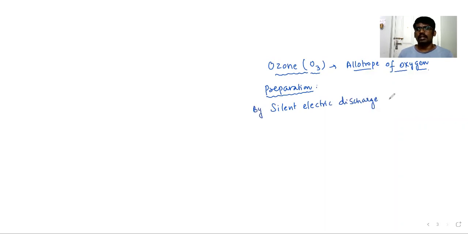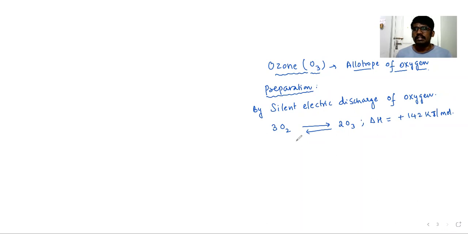By silent electric discharge of oxygen, we can prepare ozone, that is 3O2 reversible with 2O3. It is highly endothermic. Delta H is around 142 kilojoule per mole.